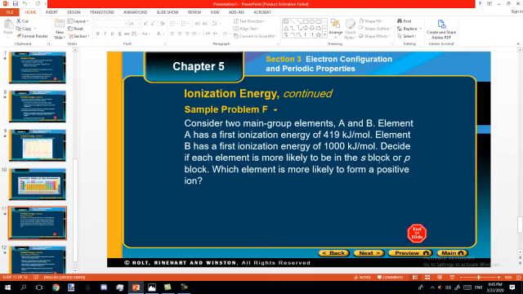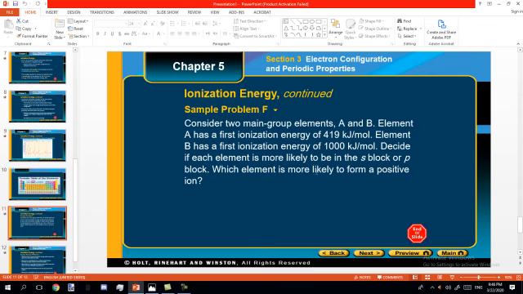Now the S block is metal, so it will lose the electron easily, so it will have low ionization energy. But the one with the higher ionization energy means it's difficult to remove the electron, so it's in the P block. So A is in the S block and B is in the P block.